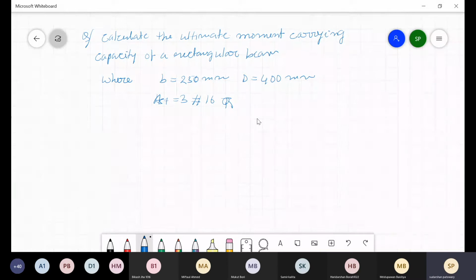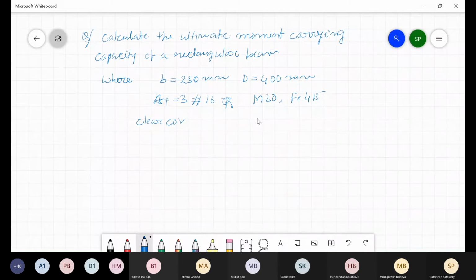Grade of concrete M20, grade of steel Fe415, and clear cover is given as 25. So in this problem, your clear cover is given.